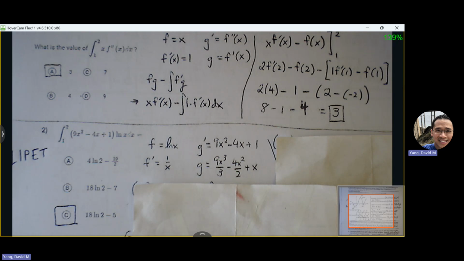Why do we not have to worry about plus c with a definite integral? Right, plus c will just wash out. The integral of fg prime is equal to fg minus the integral of f prime g.